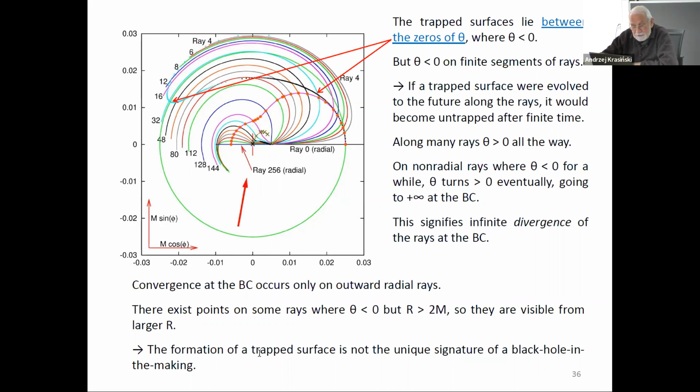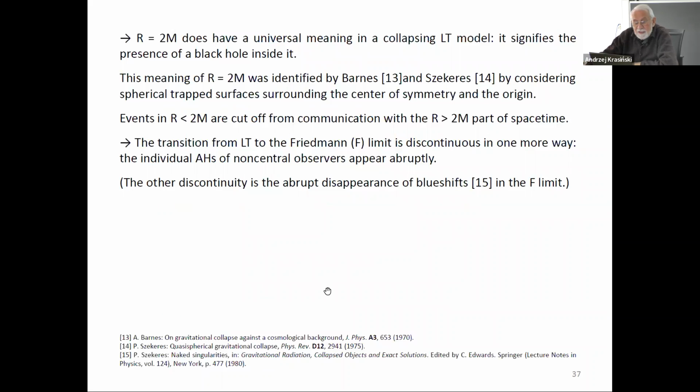Where theta becomes negative, some communication with the outward lying region is still possible. So this hypersurface R equal to 2m still has a universal meaning in a collapsing Lemaitre-Tolman model. It signifies the presence of a black hole inside it.